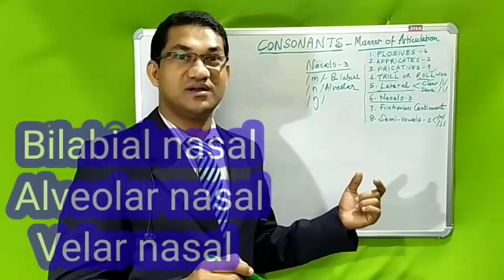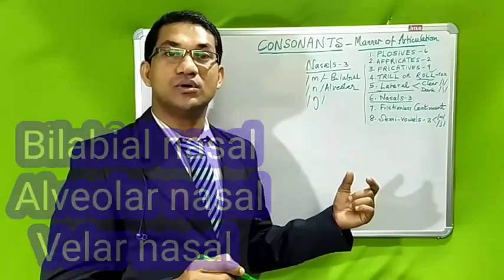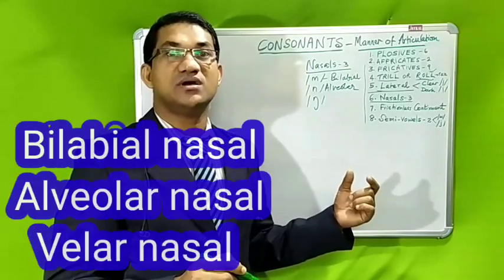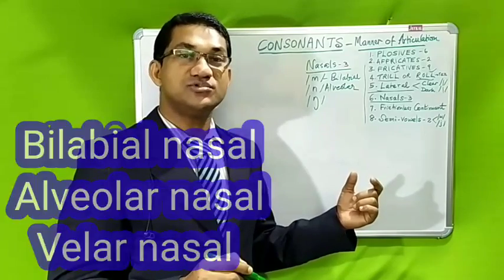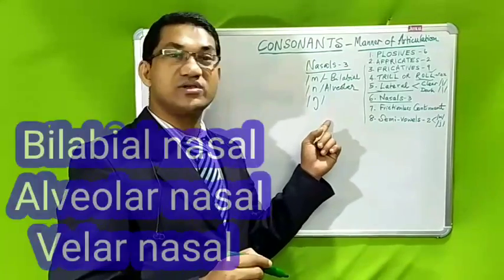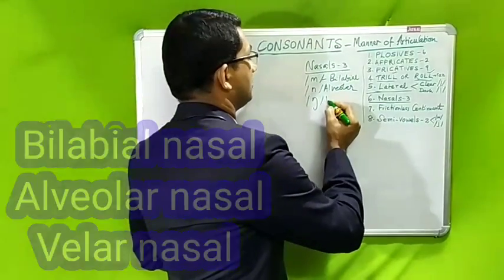No air can go through the mouth cavity, oral cavity. Entire air comes through the nostrils or nasal cavity, and we have what is called a velar nasal consonant.